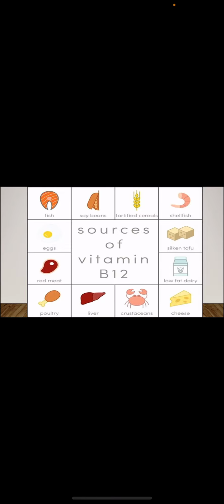And then there are some appreciable amounts of vitamin B12 in liver, in cheese, and in plant sources, you can get them in fortified cereals and soybeans, and then you can get them in red meat, eggs, poultry, liver, some crabs, crustaceans, cheese and all. So these are the sources of vitamin B12.